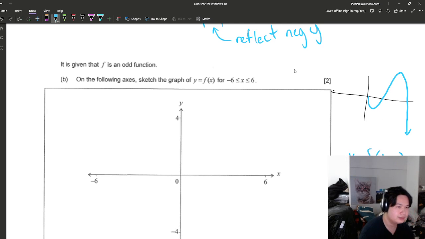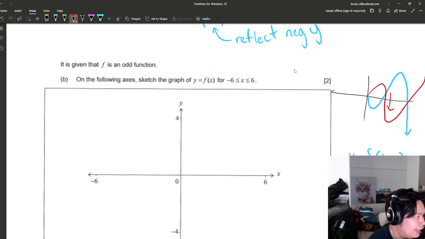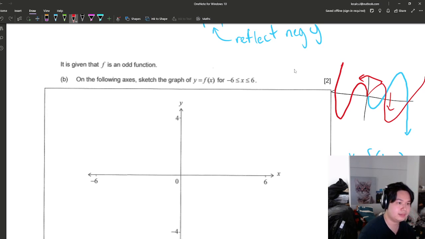I can take the right half, reflect it across the y-axis, and then afterwards reflect it across the x-axis, or vice versa, whatever order I did it in. So this is actually the left half of the function.